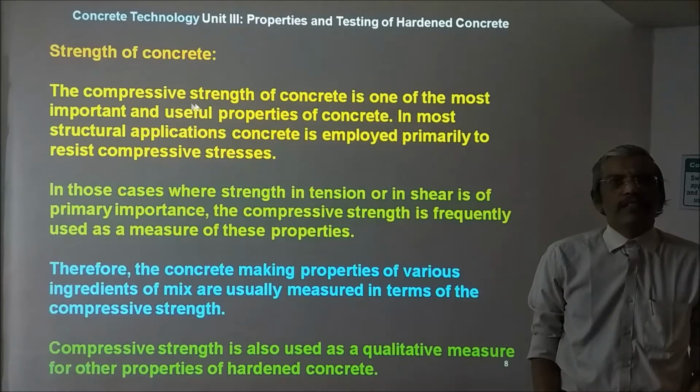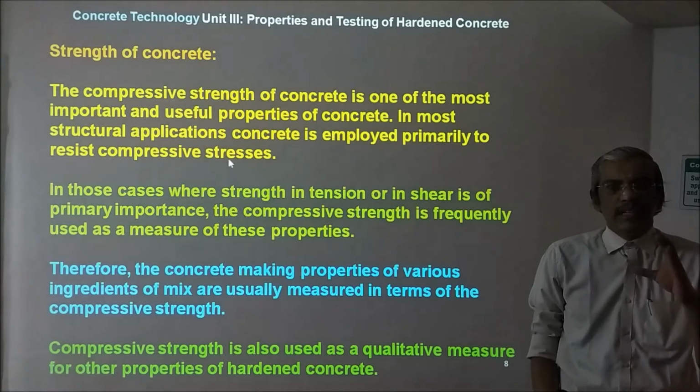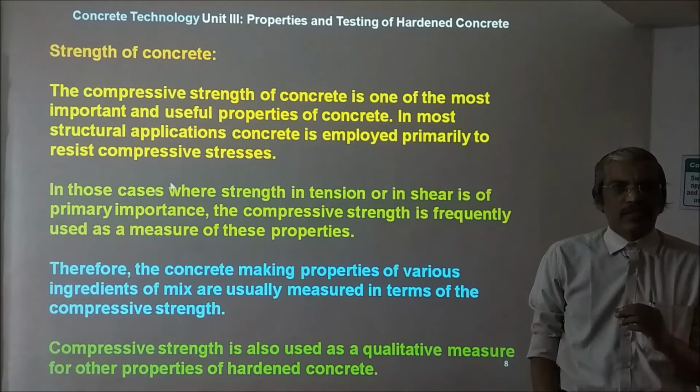The compressive strength of concrete is one of the most important and useful properties of concrete. In most structural applications, concrete is employed primarily to resist the compressive stresses. In those cases where strength in tension or in shear is of primary importance, the compressive strength is frequently used as a measure of these properties.